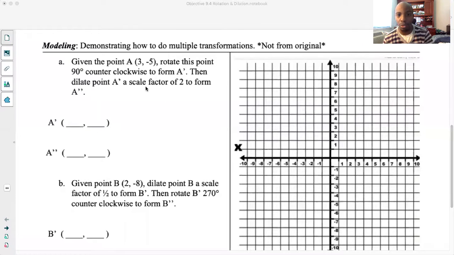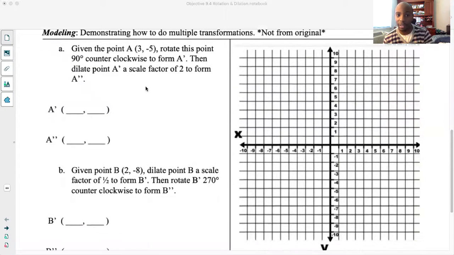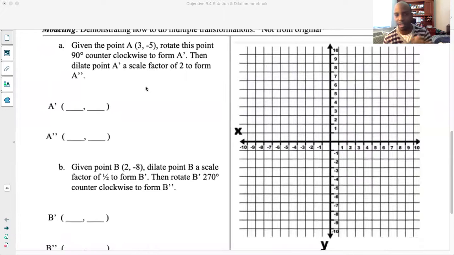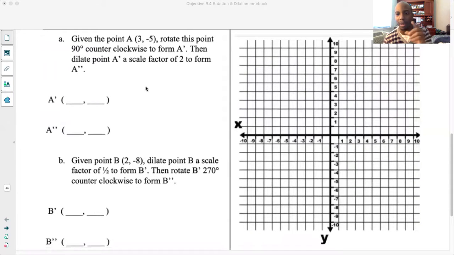A lot of you guys are really good at identifying the points, whether rotation, translation, reflection, but you're not showing me them on the coordinate plane, which I need to see there because I want you to get into the habit of, one, knowing where the points are, as well as seeing them as they're being rotated, reflected, translated, or even dilated.